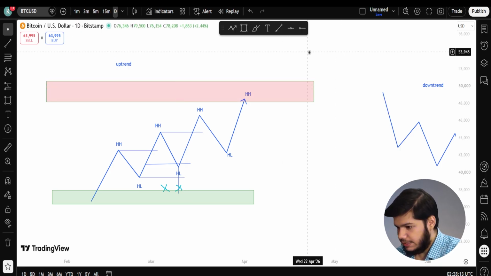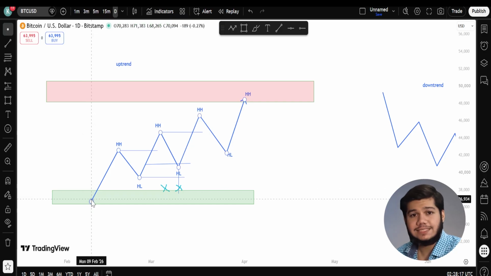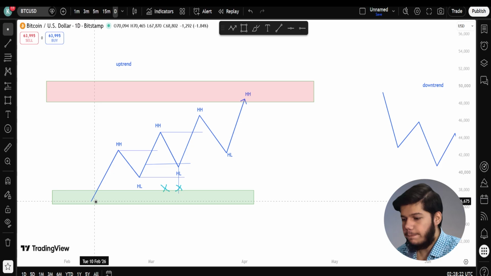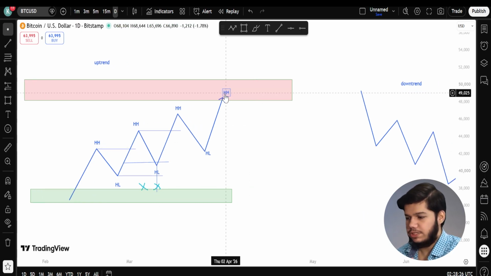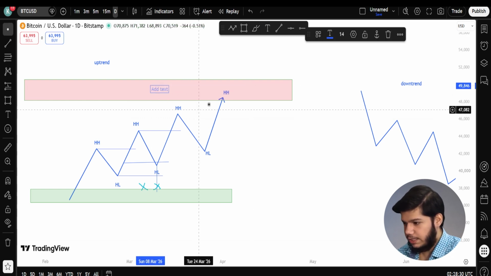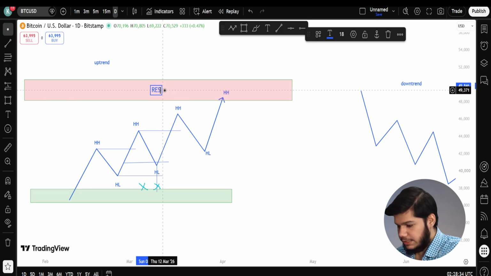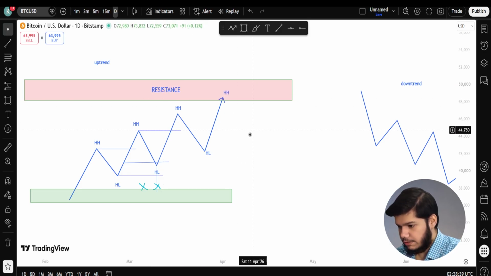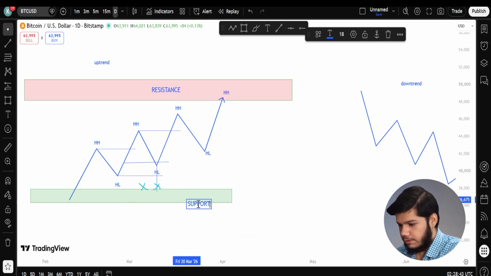Okay, so this is the resistance, and this is the support level. Let me make the text a little bigger.